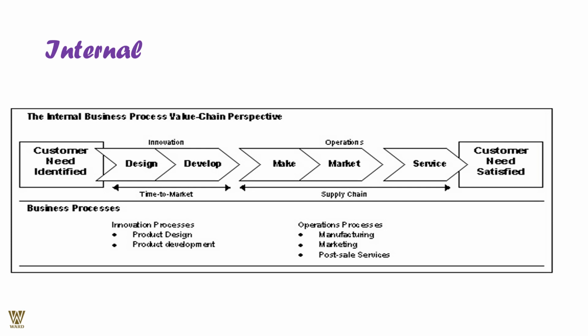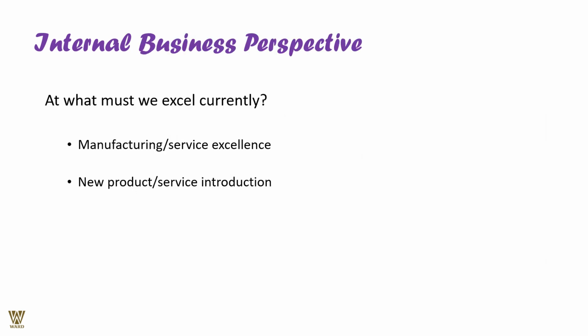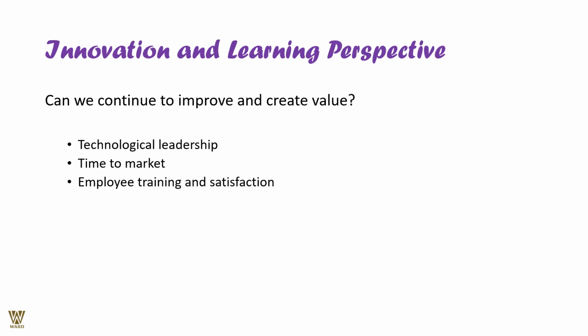Now, this is what your internal business process is all about, from product design to product development. Operation is all about manufacturing, marketing, and post-sale services. The question that we need to understand and try to answer is what we must do to excel currently in the manufacturing sector, in the service sector, in the new product sector, and so on and so forth.